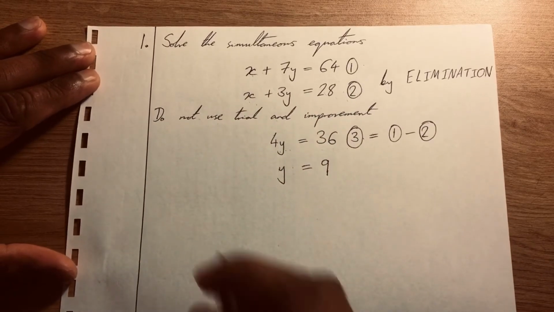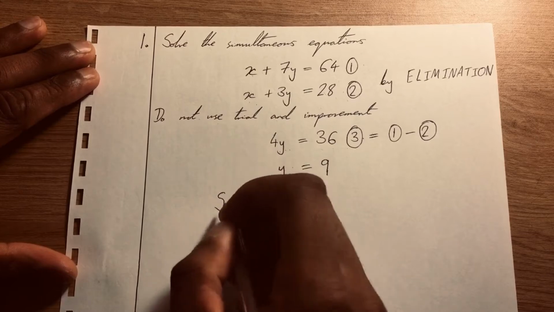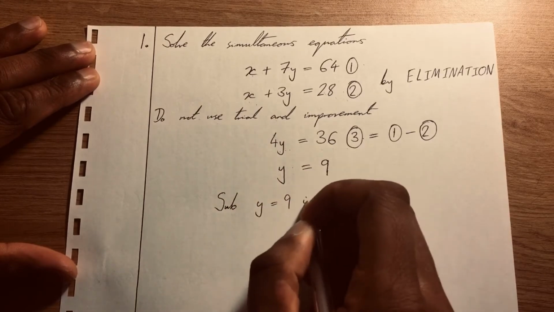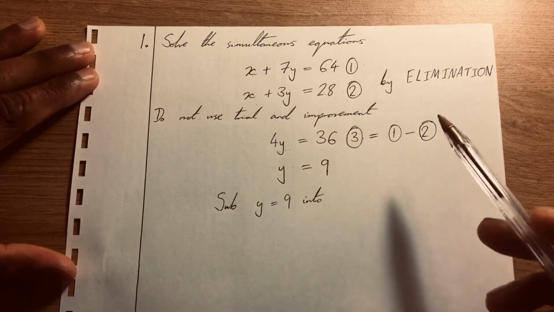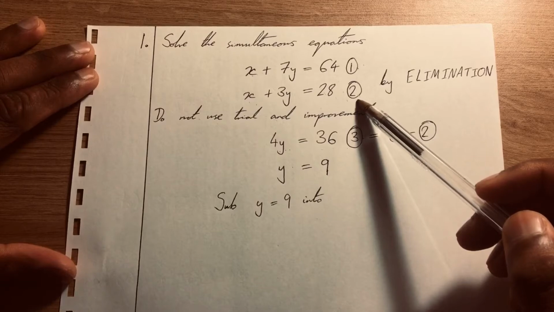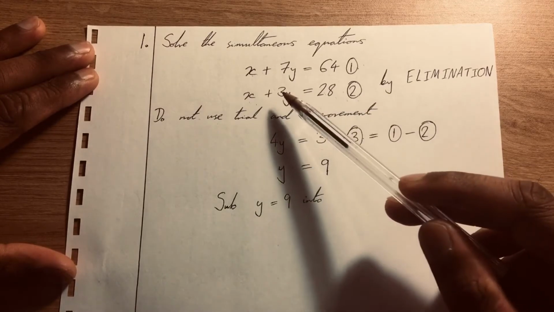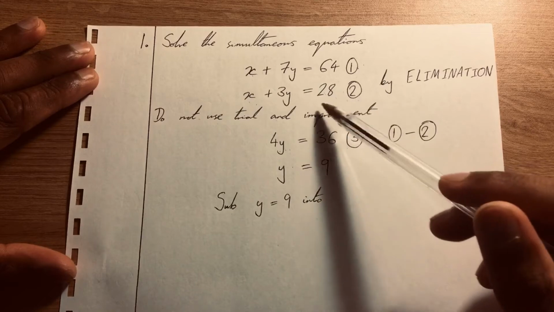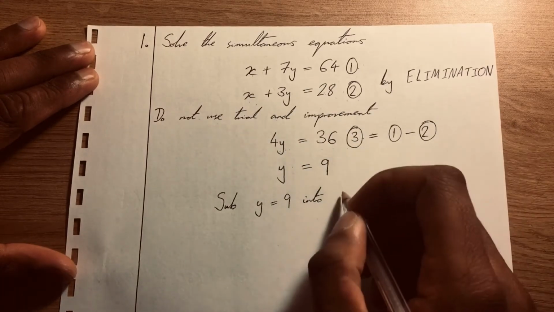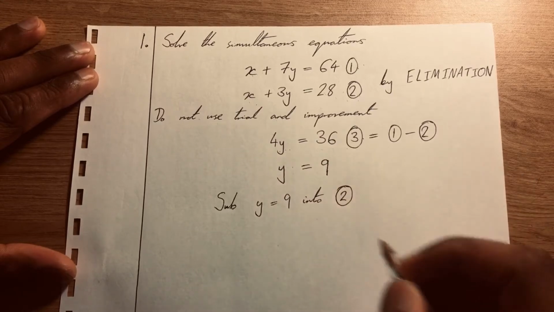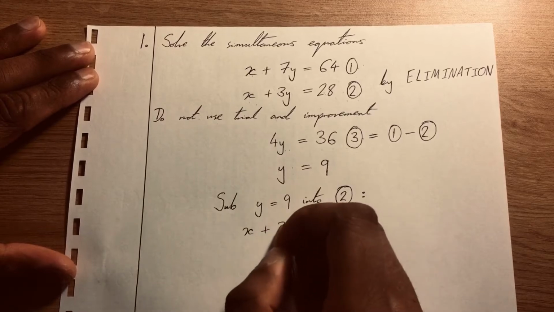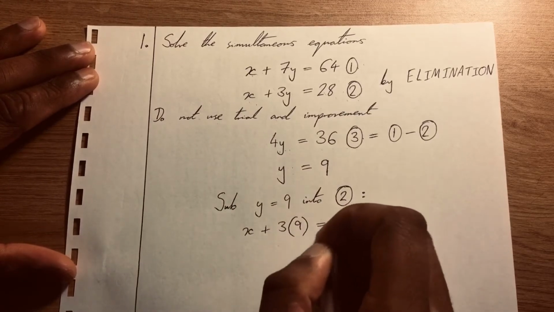So next thing that I'm going to do is sub y equals 9 into, well, I could sub it into this equation or this equation. Just to make it easier for ourselves, we'll sub it into equation 2. So x plus 3y equals 28. When I do that, I get x plus 3 times 9 equals 28.